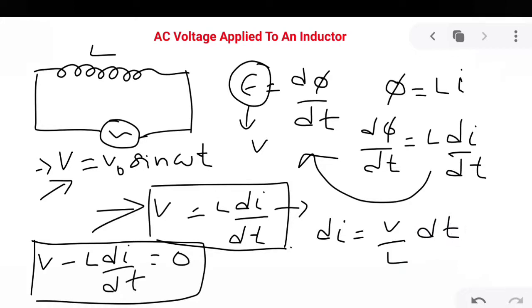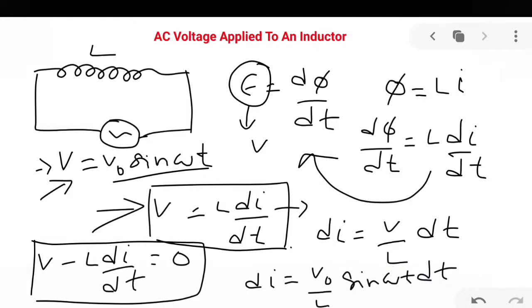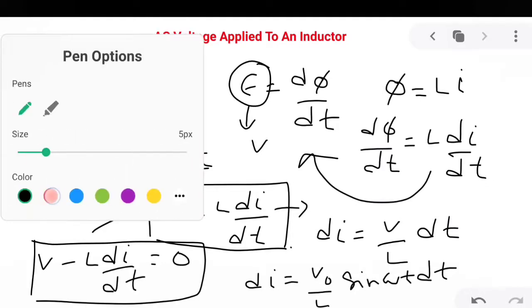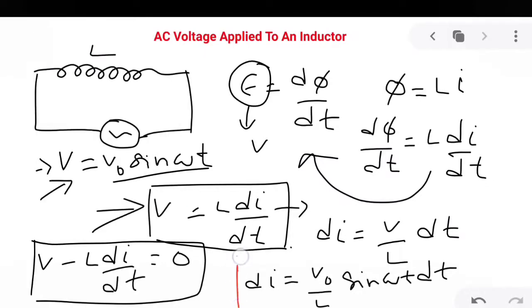What is V? V is V naught sin omega t, so di is equal to V naught by L sin omega t dt.